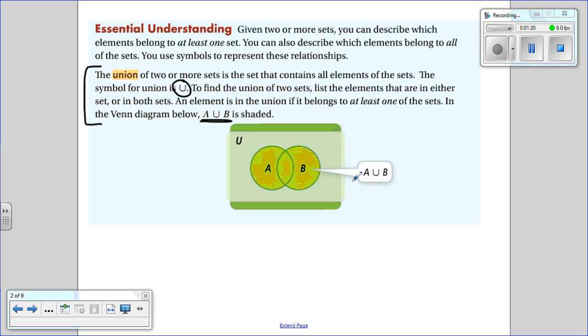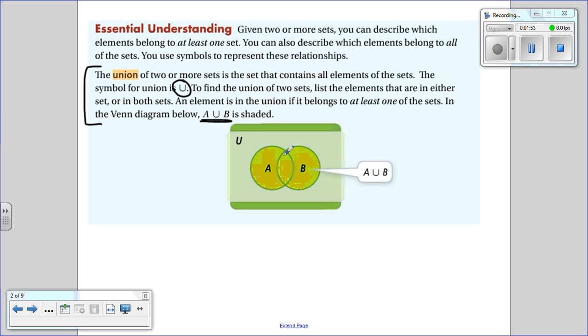So for instance, if the universal set was all students that go to BHS, and set A was all the freshmen, and set B were boys, the union of this would be anybody who is a freshman or a boy.